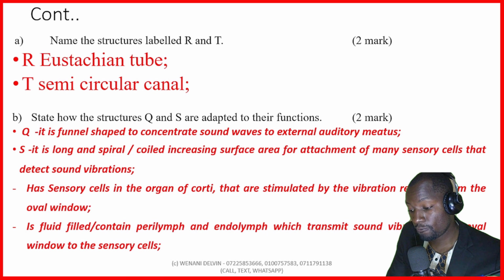It is also filled with fluid, containing perilymph and endolymph, which transmit sound vibration from the oval window to the sensory cells. Remember, anytime you mention perilymph, you must also mention endolymph. But you can simply say it is fluid filled.